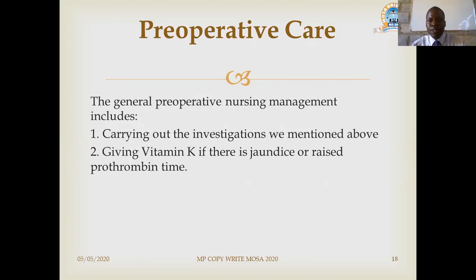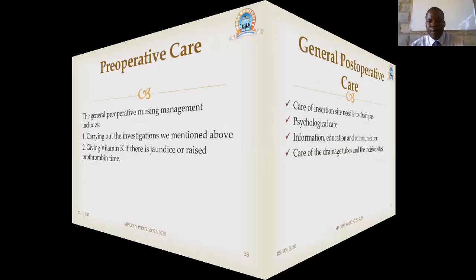Someone is bleeding, but the bleeding cannot be controlled, meaning there is raised prothrombin time. It is taking time for blood to clot, and that simply signifies that there are low levels of vitamin K. Therefore, we need to administer vitamin K.